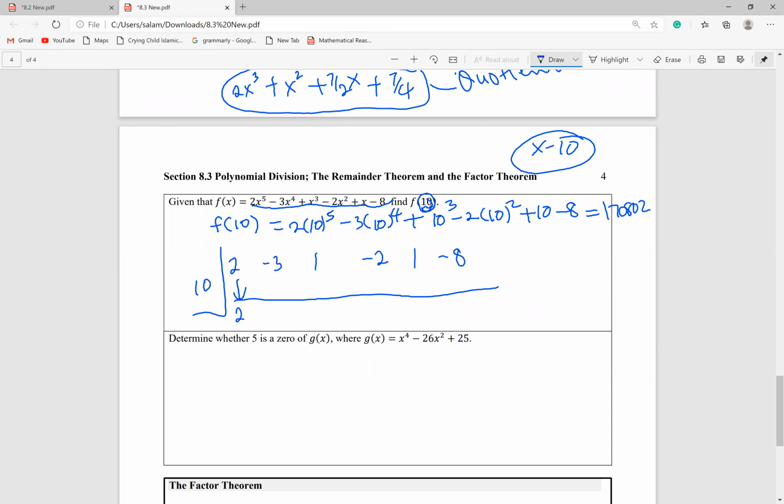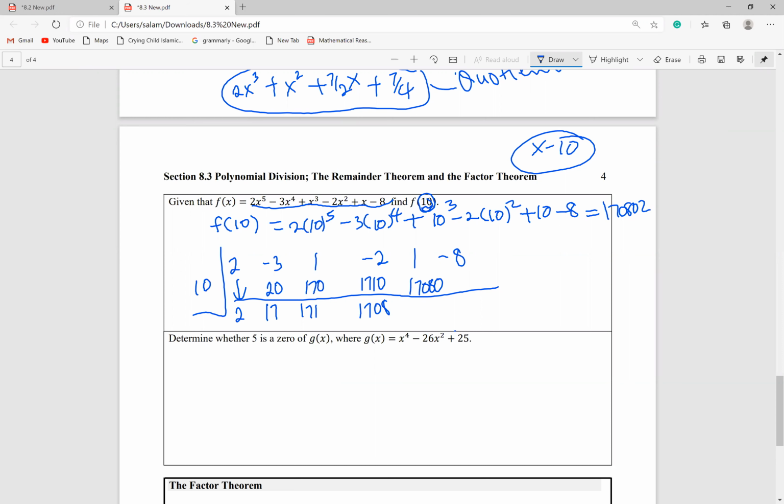So this is 2. 2 times 10 is 20. -3 plus 20 is 17. 17 times 10 gives us 170. 1 plus 170 is 171. 171 times 10 gives us 1710. Then -2 plus 1710 gives us 1708. Then 1708 times 10 gives us 17080.